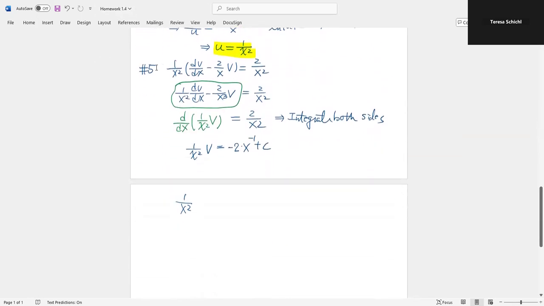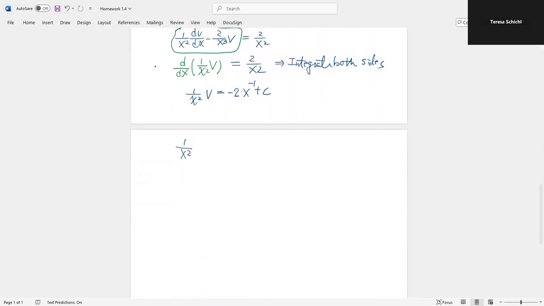So I replace this: y squared over x squared is equal to negative 2 x to the negative 1 plus c. Now I'm going to plug in my initial condition to solve for c: x equal to 1, y equal to 2.